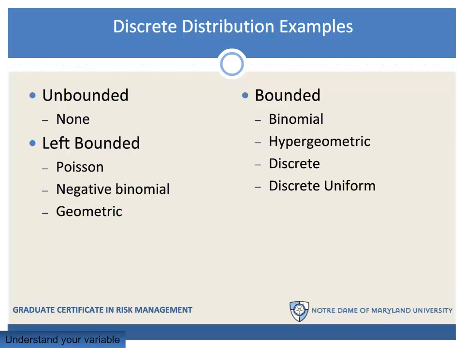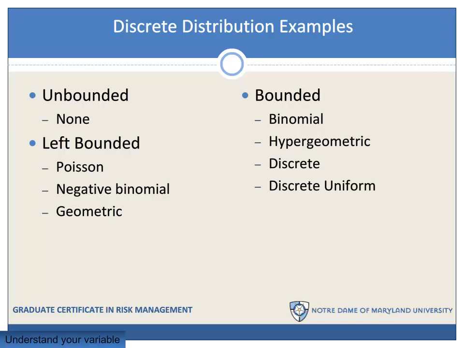The binomial is one that you'll know well before you leave this program. The hypergeometric is another. And the choices are relatively small. We also have left-bounded discrete distributions. The Poisson, the negative binomial, and the geometric are three good examples of these.